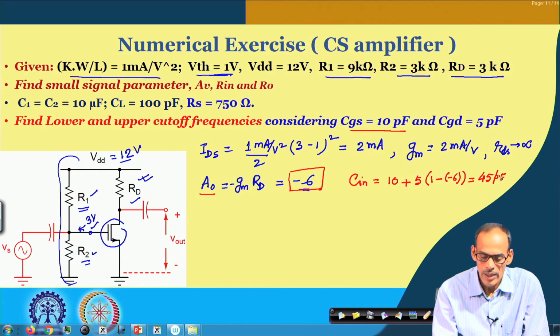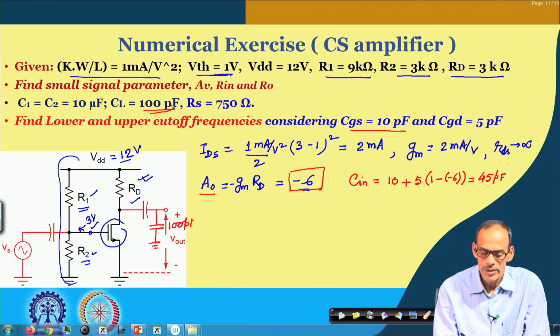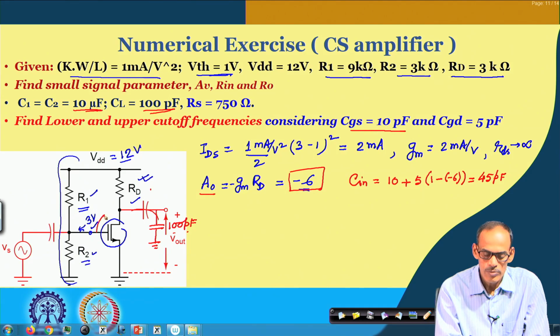And on the other hand, if we connect the CL here, which is 100 picofarad given here, and if this is 10 microfarad, effectively these two together give us 100 picofarad, and of course, we have to consider the effect of CGD, and this is CGS.